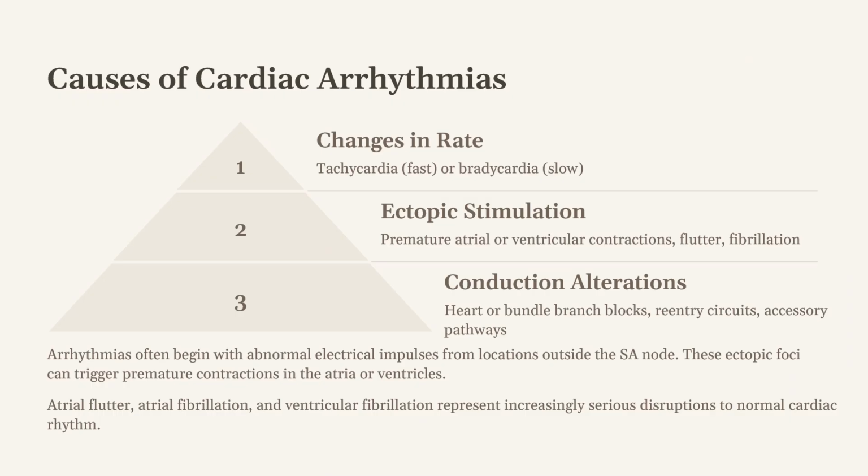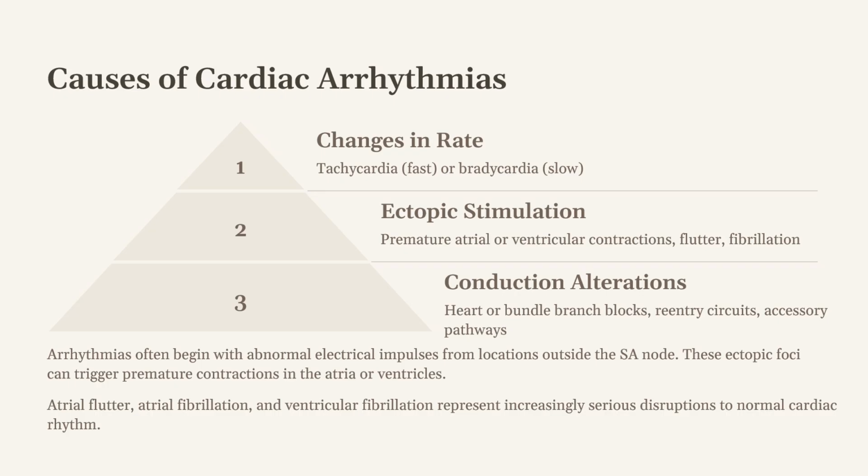Okay? All right. So there can be changes in the rate, so tachycardia or bradycardia, where it's less than or greater than normal. Ectopic stimulation just means that the signal came from somewhere outside of the SA node.